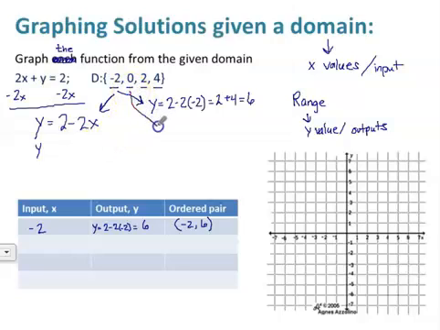Now let's do when x equals 0. 2 minus 2 times x, we substitute in 0. I know negative 2 times 0 is 0.